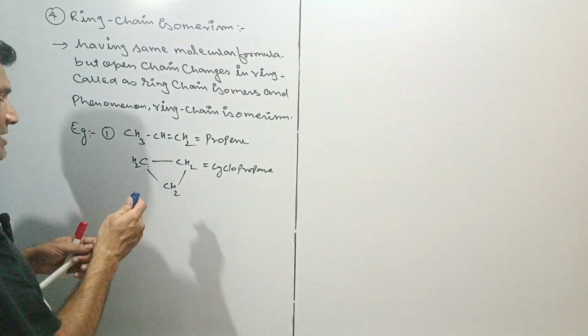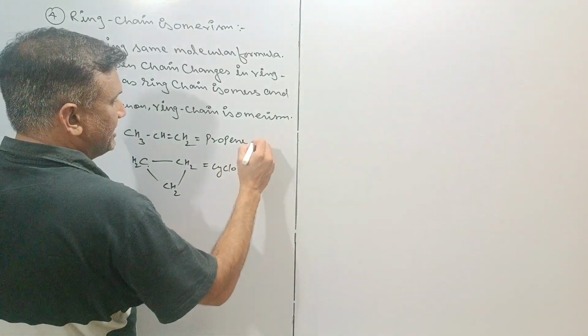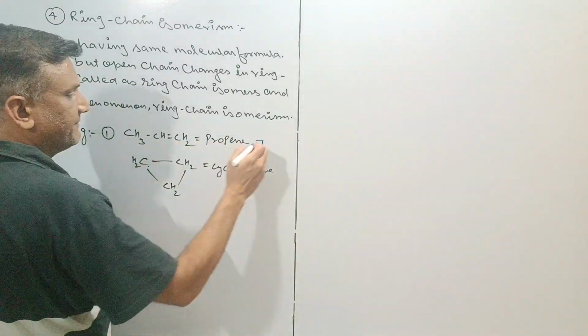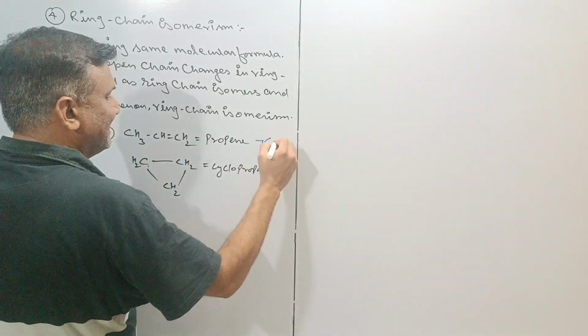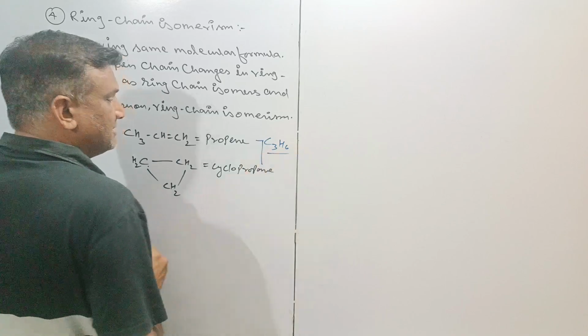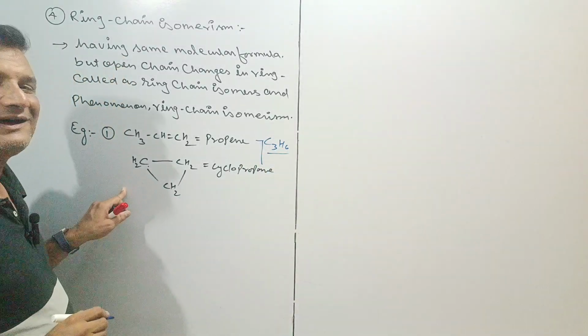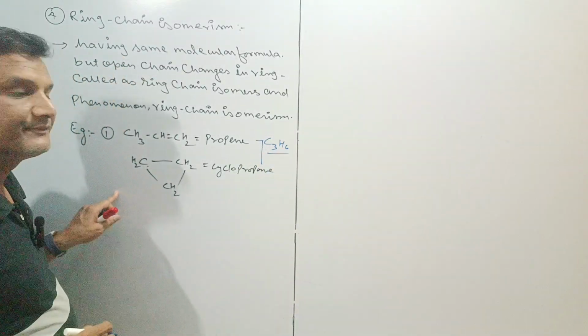The common formula is C3H6. So we can say both are ring chain isomers of each other.